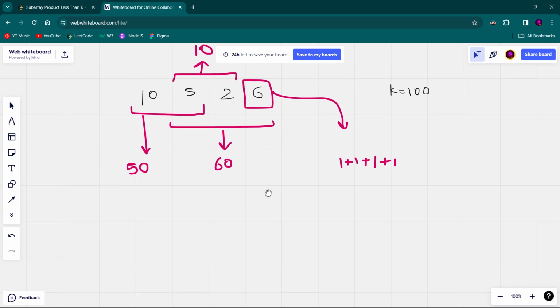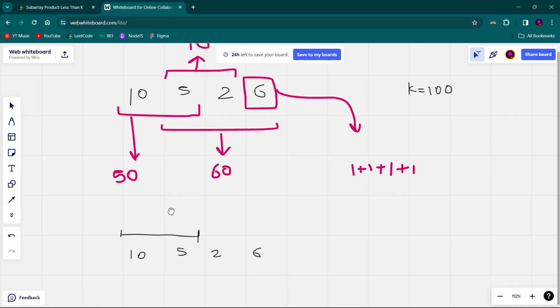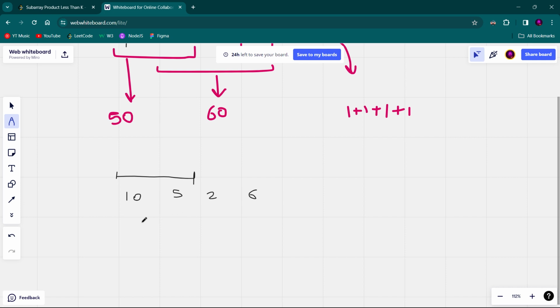What is the most brute force approach I can think of? The most brute force I can tell you, without even thinking, is to go for two for loops and calculate the subarray product. If you are starting from i equals 2, 5, I will keep taking a product, 5 into 2.